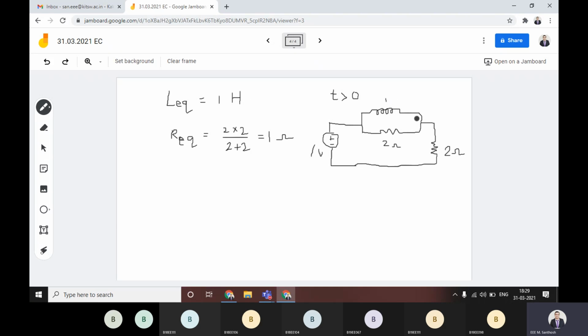Sorry, this 1 Henry, and the current flowing through this one is actually IL of t.